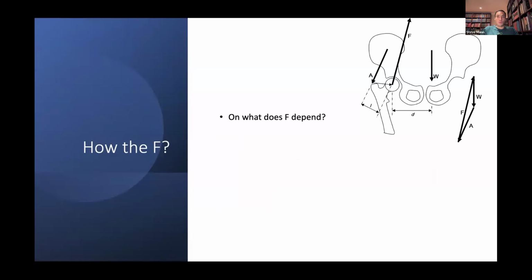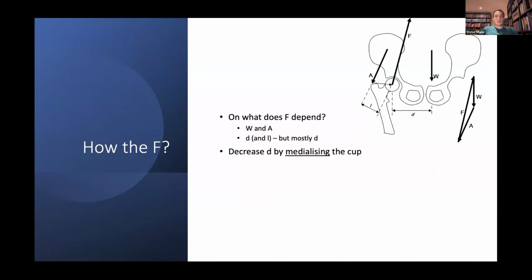To answer that, you have to know what the joint reaction force depends on. And so it depends on W and A, right? Because it's related to both the body weight and the pull of the abductors. Those in turn depend on D, which is the moment arm between the center of mass and the center of the femoral head, and the moment arm or the lever arm of the abductors, but primarily on D, if you accept the fact that body weight changing isn't very easy to do reliably.